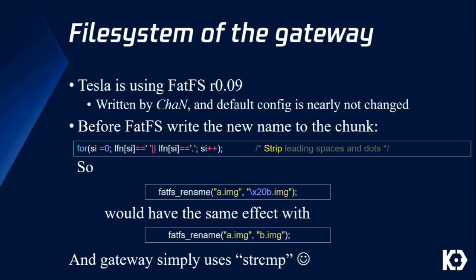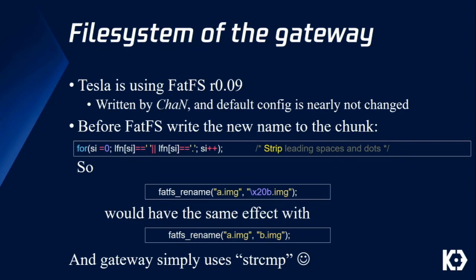And in the source code of FatFs, we found there is a function called f_rename, which is used to rename one file to another file. And in this function, we found it will strip leading spaces and dots of the new name. So if you rename A image to space B image, it would have the same effect as f_rename from A image to B image.